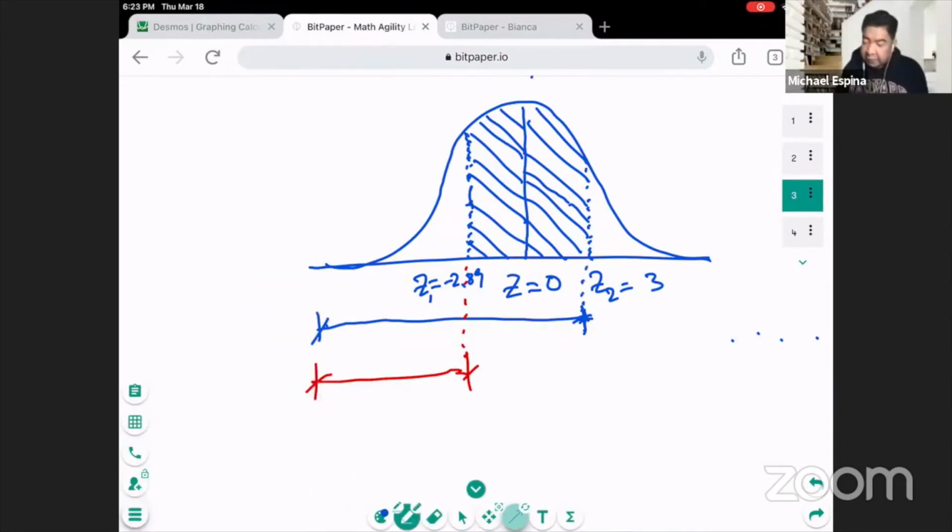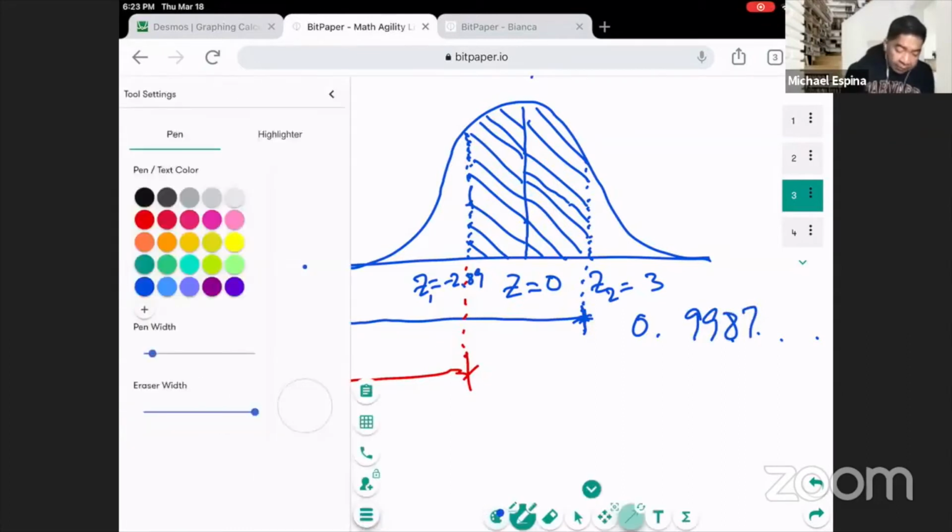If you look at the table, we can see that the cumulative value for the blue part, for Z sub 2, is 0.9987 in 4 decimals.